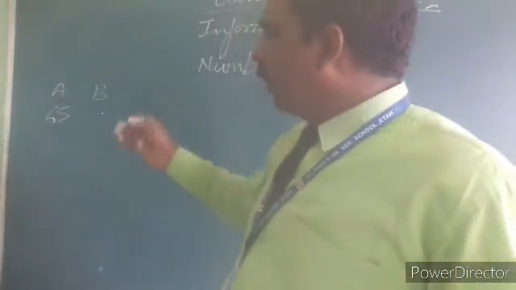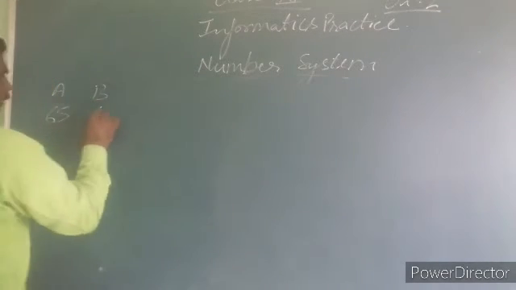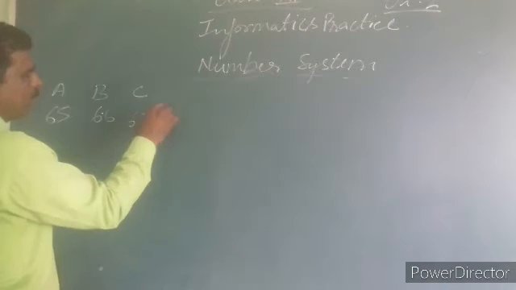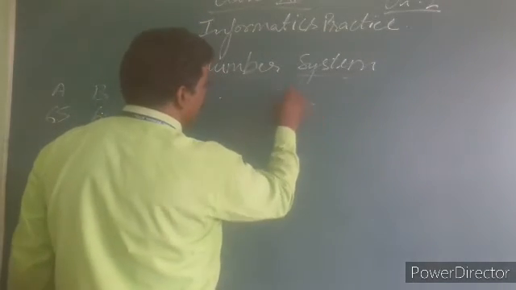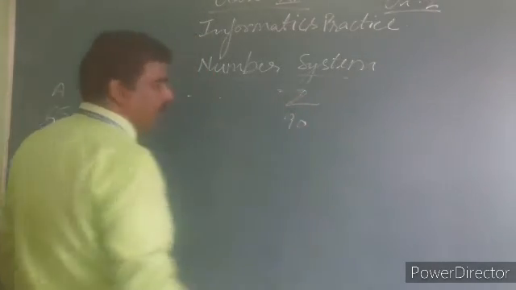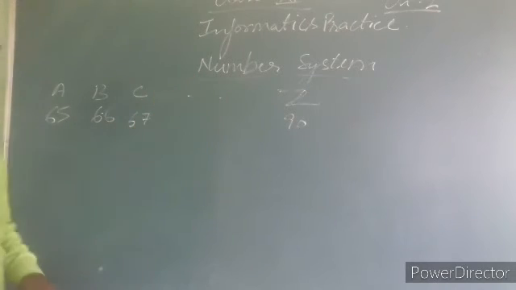So 65 is defined for A, 66 for B, 67 for C, and up to Z they have defined 90, with one number increasing each time.